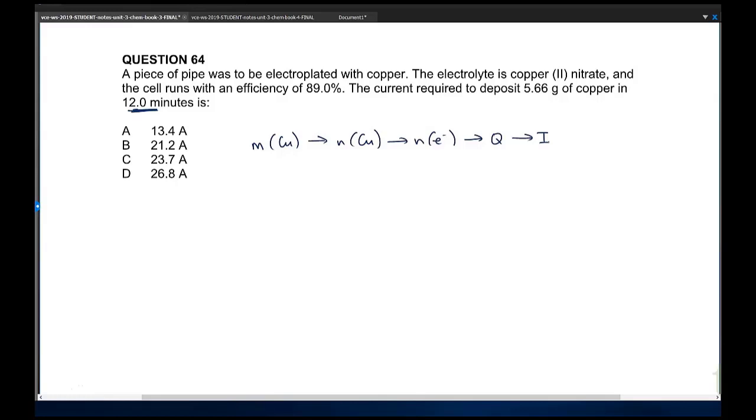I'm going to do this question as if it was 100% efficient, and then at the end I'm going to take into account the 89% efficiency factor. Okay, so we're just going to do those steps. So we'll take the mass, we'll find the mole of the copper, use the mass divided by the molar mass.